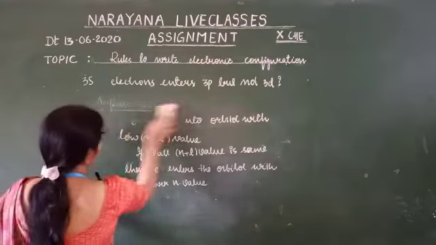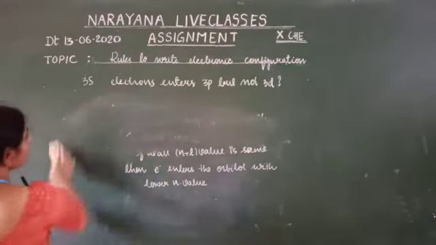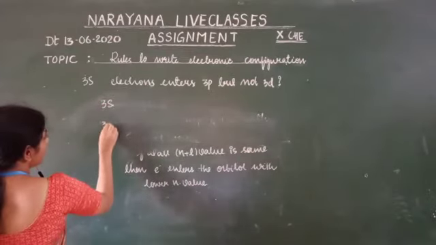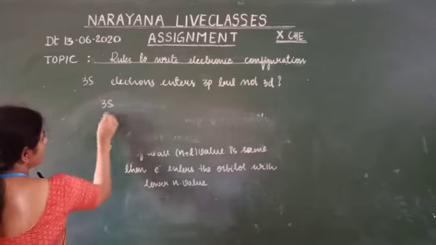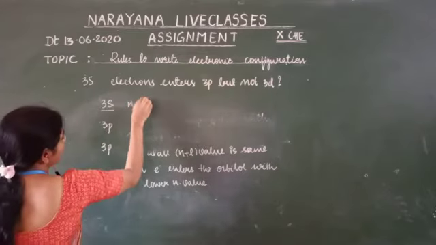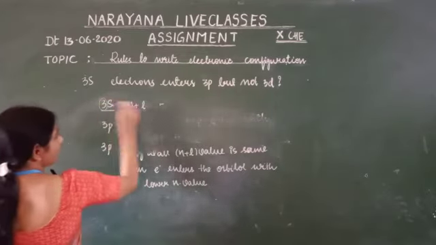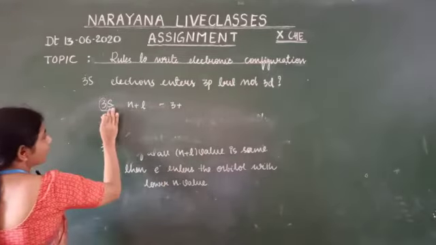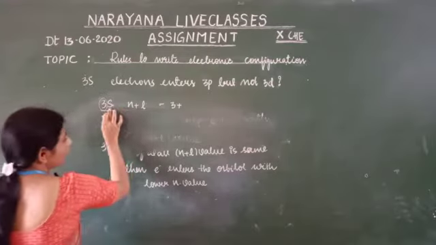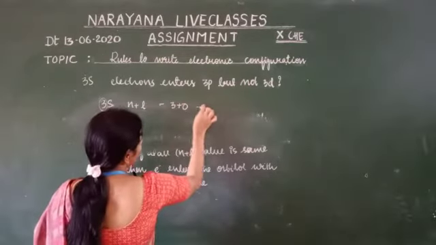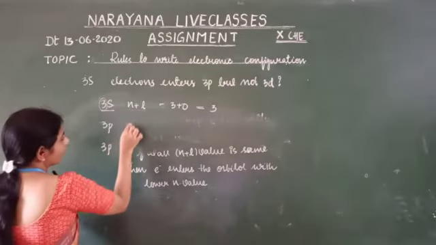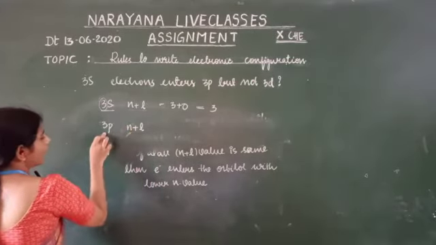So writing the n plus l values for 3s, 3p and 3d. For 3s, n represents the principal quantum number 3 and l represents the orbital. The l value for the s orbital is 0, so the n plus l value will be 3. Next is the n plus l value for the 3p orbital.